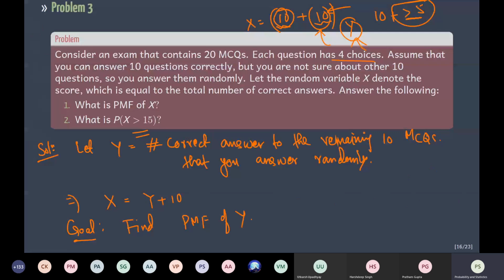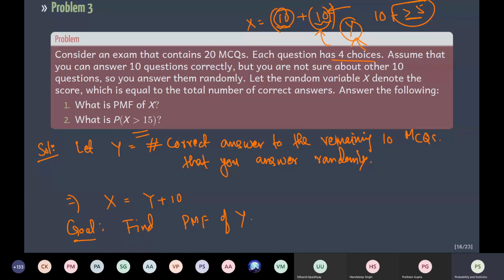We have seen that a problem like this can be solved by random variables. You have to identify the deterministic cases and the non-deterministic, random cases. The random cases you can deal with separately by introducing a random variable. In this case, we introduced a random variable y, and the next step was to figure out which distribution it belongs to.